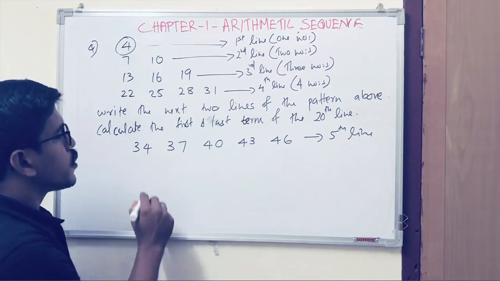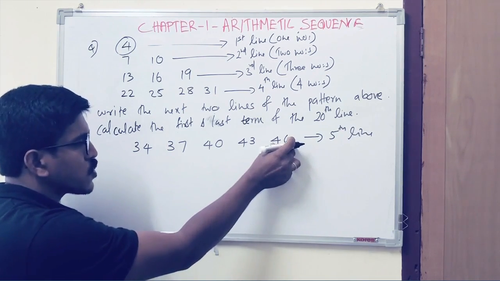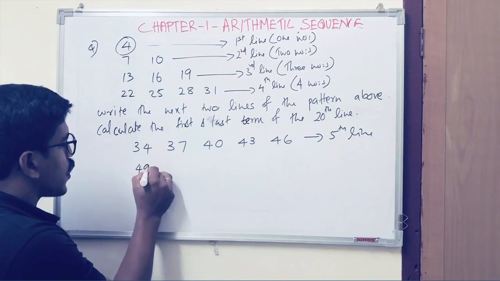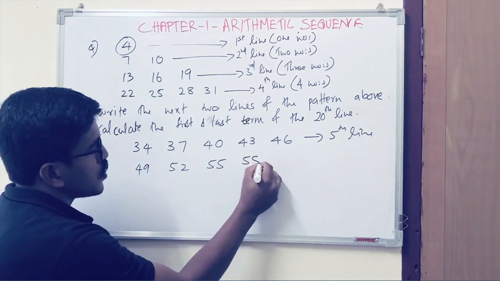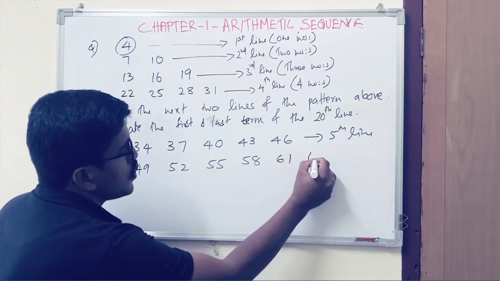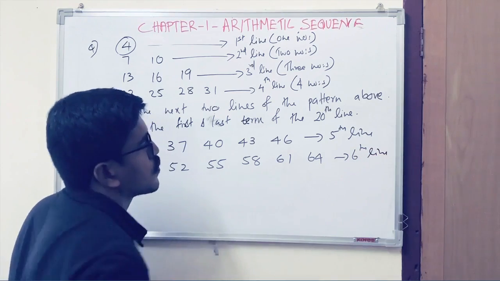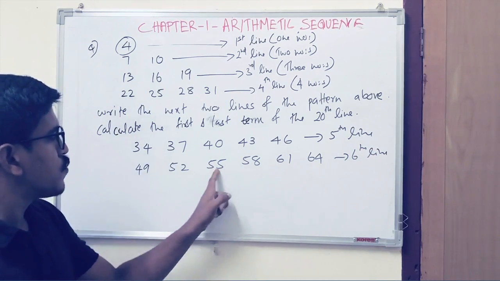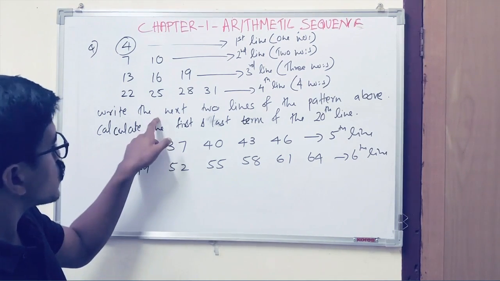Now the sixth line will be having 6 numbers. The last term is 46. 46 plus 3 is 49, 52, 55, 58, 61 and 64 is the sixth line. 1, 2, 3, 4, 5, 6. So this is the answer for the first question.